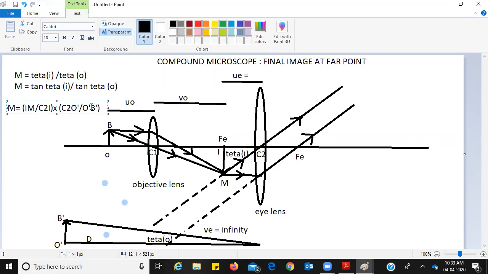Next step, you can substitute the values. I'm just rearranging again: I M by O dash B dash is the same as O B, right? Then multiplied by what is left?